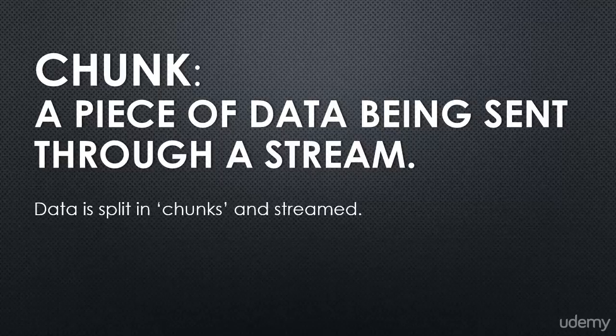So we take our data, our information, split it into chunks of some particular size, and send them down the pipeline between whatever two points of communication we're trying to send the data between. And sometimes you'll even see the phrase chunk, or someone named their variable chunk, in code that deals with streams.